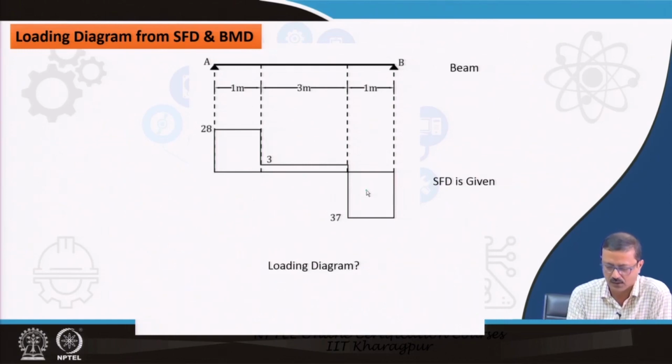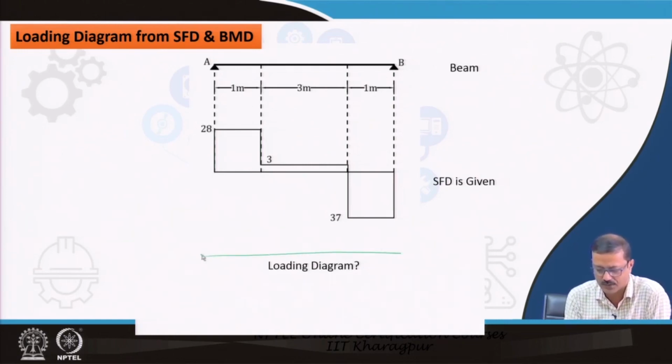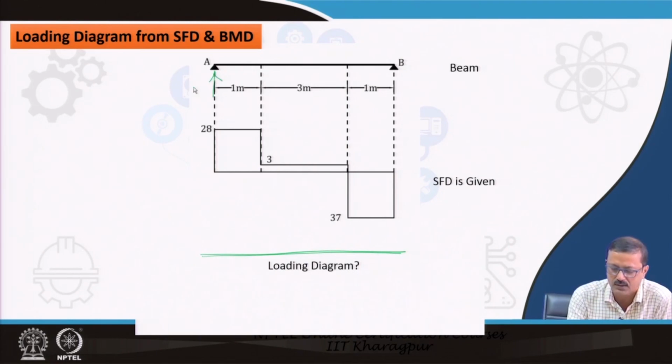Then you have to find out the loading diagram, the reverse process. So, this is the beam. I know 28 means the reaction is 28, and 37 means this reaction is 37, right. So, it goes 28 and then it is dropped by 3. So, that means definitely there is 25.